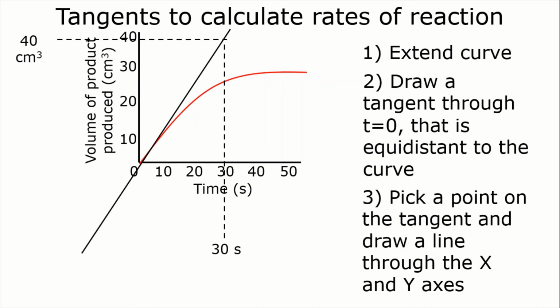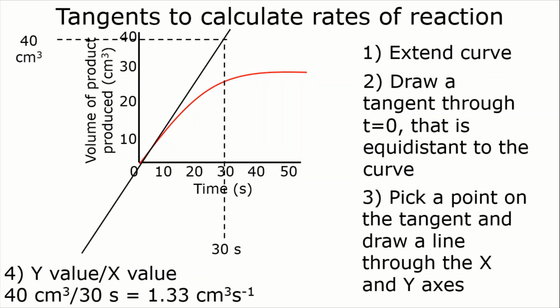Now I like to pick it going through the numbers on the axis, just because then there's no confusion. If it goes in between some of the numbers, you could be puzzling over, oh, is this 26 seconds or 27 seconds? So this just makes it much easier and much more accurate.